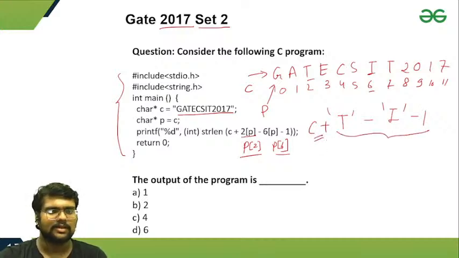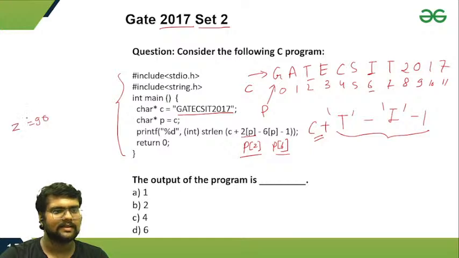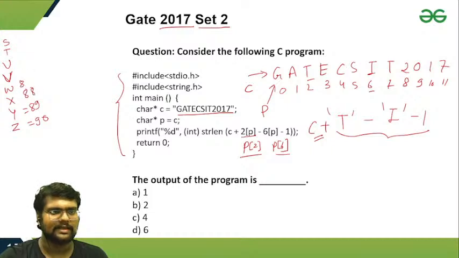The T represented in ASCII value: we know that Z is represented by 90, Y by 89, then X, W, V, U, T. So it would be 88, 87, 86, 85, 84. So T is represented by 84.